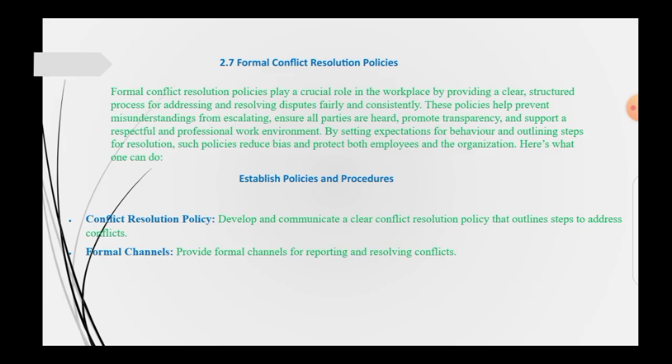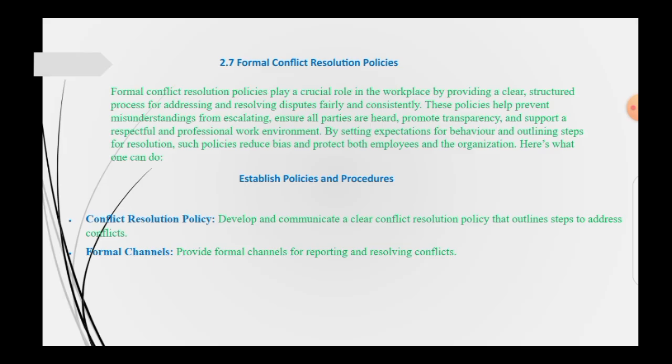These policies help prevent misunderstandings from escalating, ensure all parties are heard, promote transparency, and support a respectful and professional work environment. By setting expectations for behavior and outlining steps for resolution, such policies reduce bias and protect both employees and the organization.